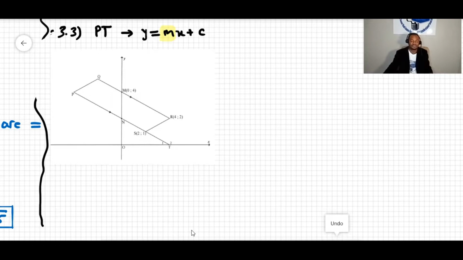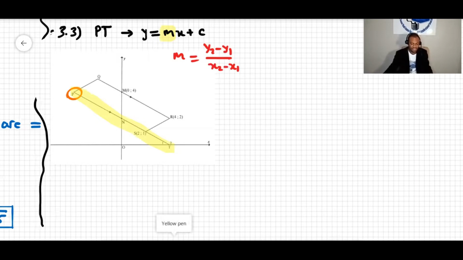We also don't have the coordinates of point C. The gradient is m equals the change of y over the change of x, y2 minus y1 over x2 minus x1. So we cannot find the gradient of this line PT, because we only have one point given, S, but we need at least 2 points.